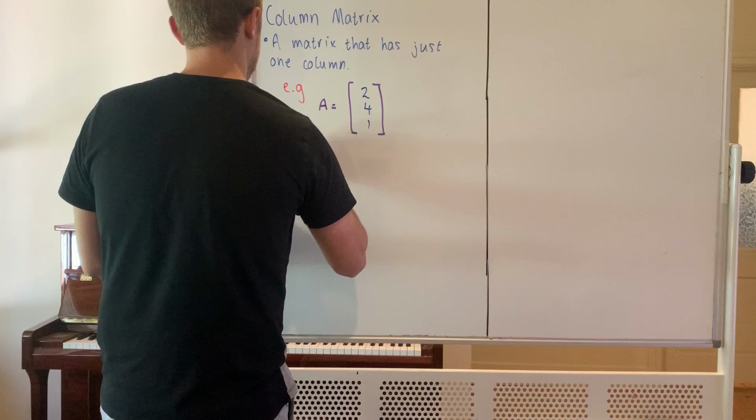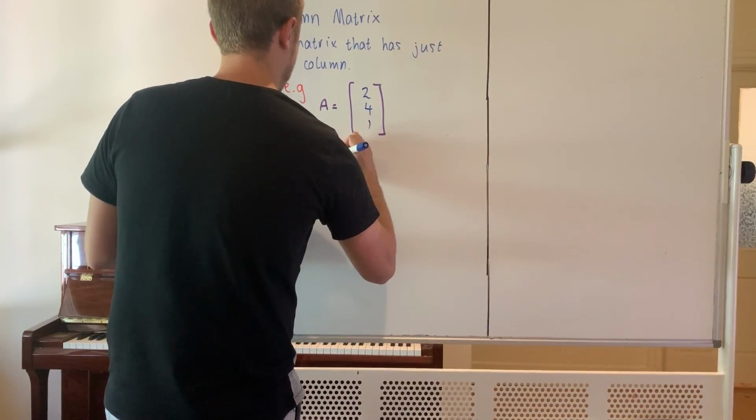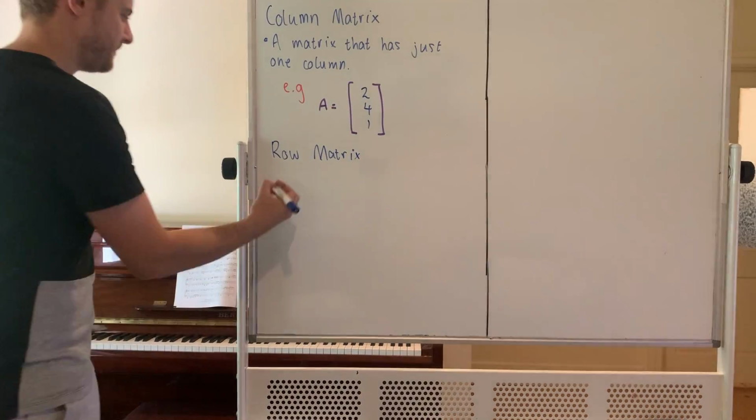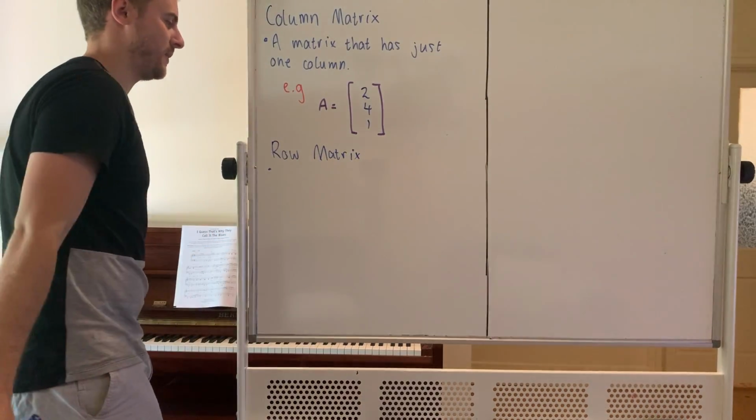Next one. I'm hoping most of you will be able to guess what the definition of this one is. A matrix that contains just one row.